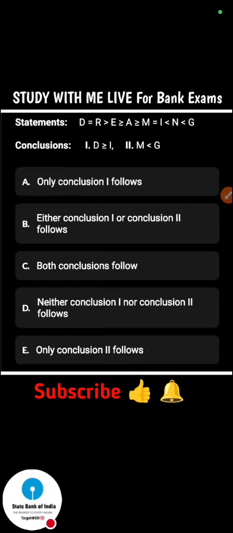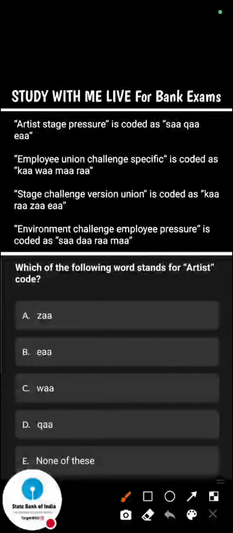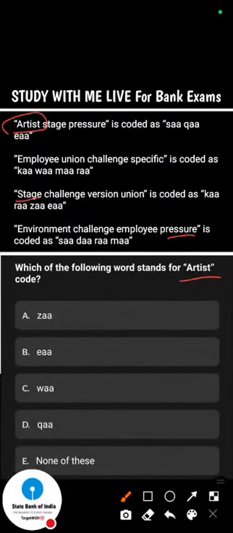Okay, let's see coding and decoding. For artist, we see artist here. Is there any other artist? No. Stage, pressure. Stage is here, pressure is here.